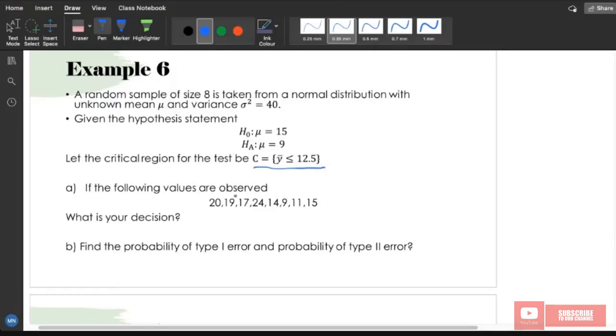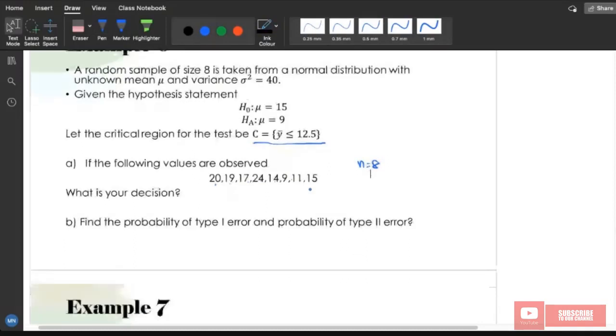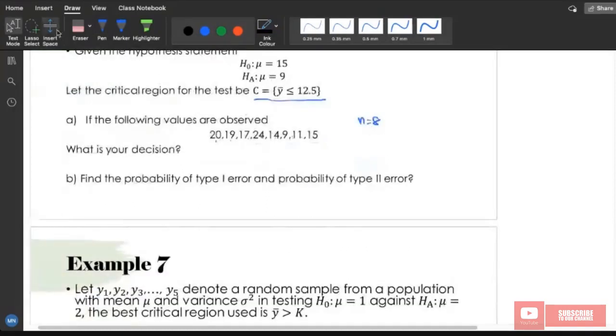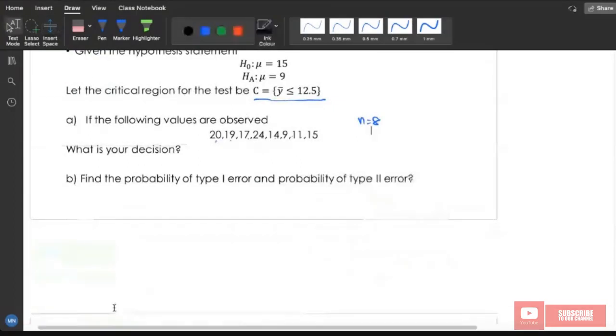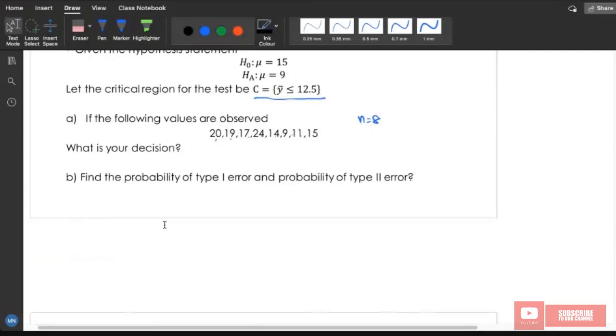If the following values are observed, we have 1, 2, 3, 4, 5, 6, 7, 8, so n equal to 8. We have 8 observations. We want to know what our conclusion, our decision, is. To make our decision, we just need to base it on the observations and the critical region.